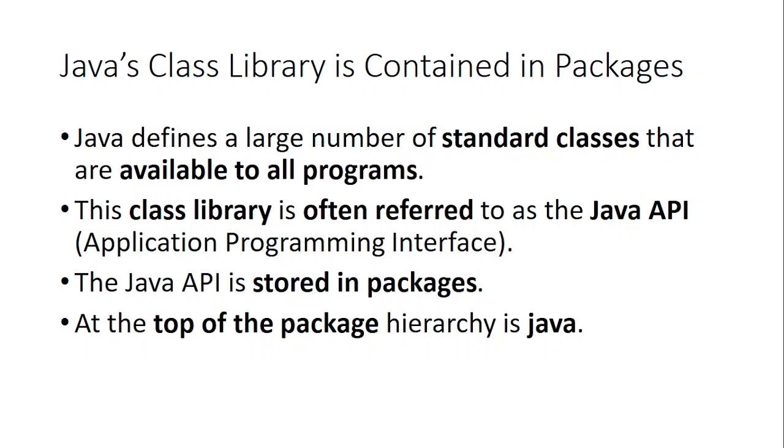Now, Java, what they have done is when they created the language, they created a lot of helper classes. So, instead of us writing everything from scratch, they have given you ready-made classes for different uses. For example, if you want to access the network, you don't have to scratch your head and write everything from scratch.